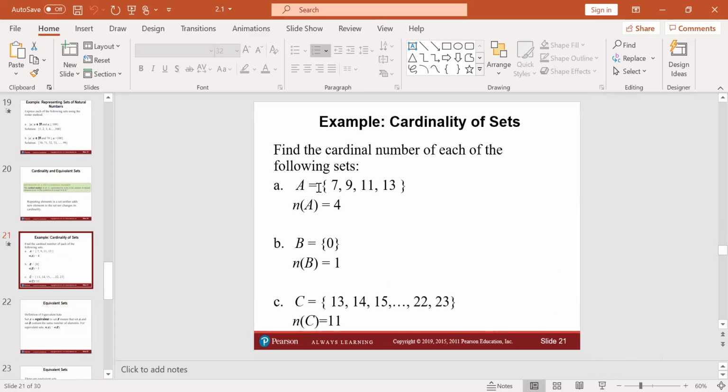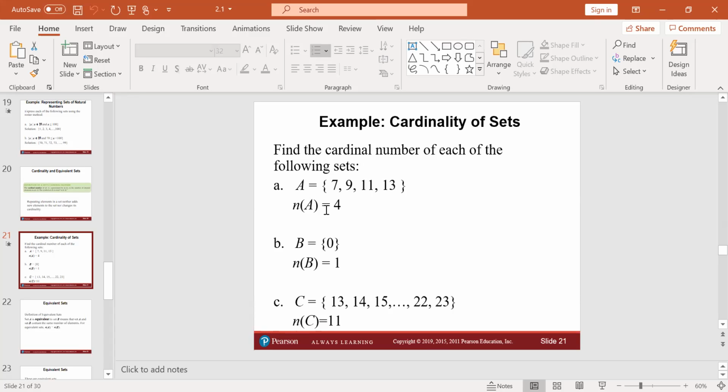Let's look at this first set. The set A here is the set containing the numbers 7, 9, 11, and 13. Without even looking at the PowerPoint, which immediately gives away the answer, how many things are in there? How many elements are in A? 4. It doesn't matter that the numbers are not 1, 2, 3, 4. You've got 1, 2, 3, 4 things in there.